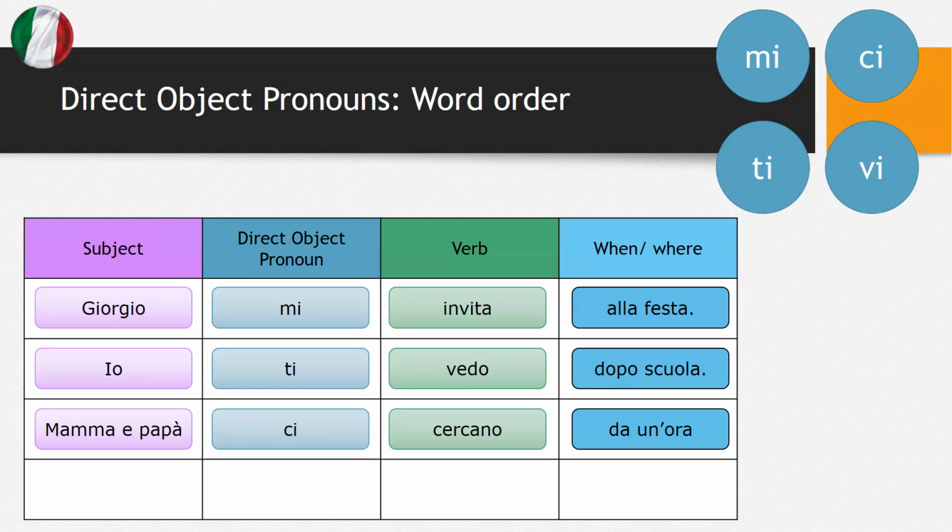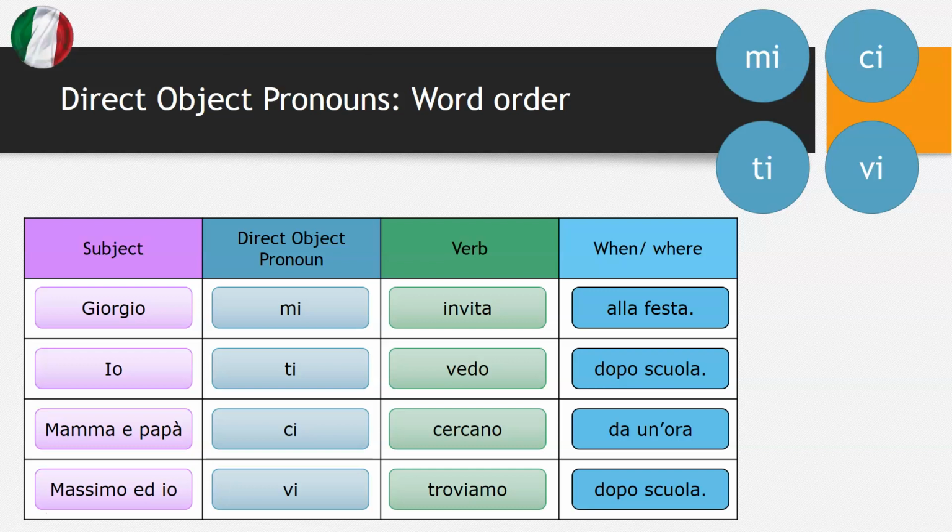Okay, so again, that ci before the conjugated verb. Massimo ed io vi troviamo dopo scuola. Massimo and I will find you after school. We'll see you after school almost in a translation. So, again, immediately before the conjugated verb.